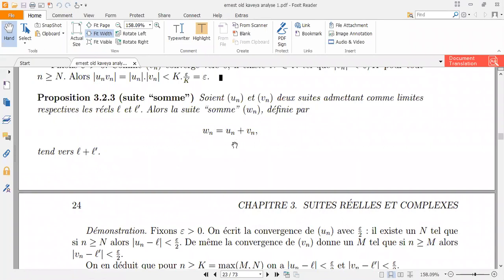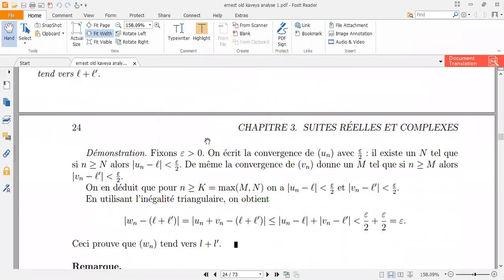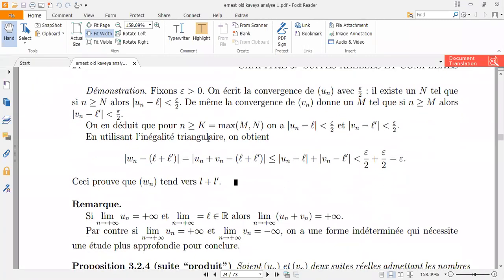Let's say we replace this with what we've been given and this with the other thing here, and then we try to find some things. We also know that Wn is equivalent to something as well when you do some calculations. This is now how you find this whole thing here: the modulus of Wn minus L plus L prime.